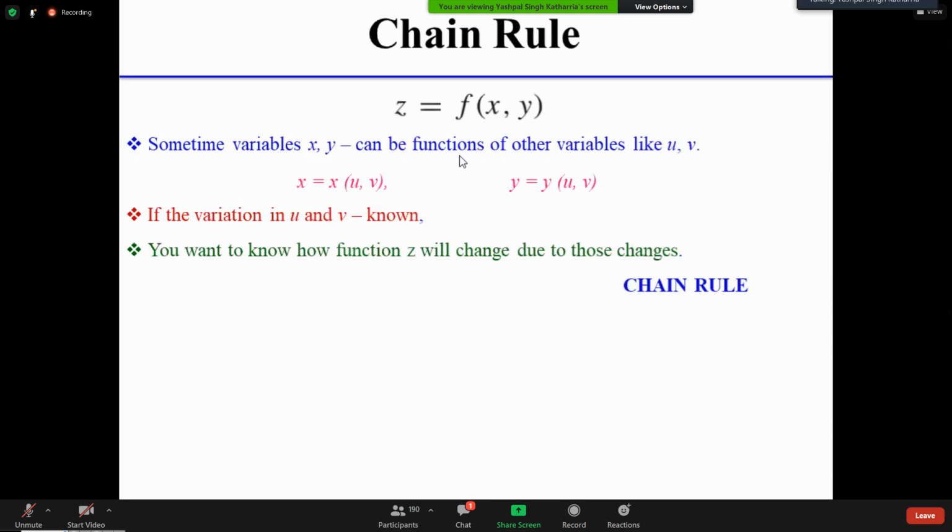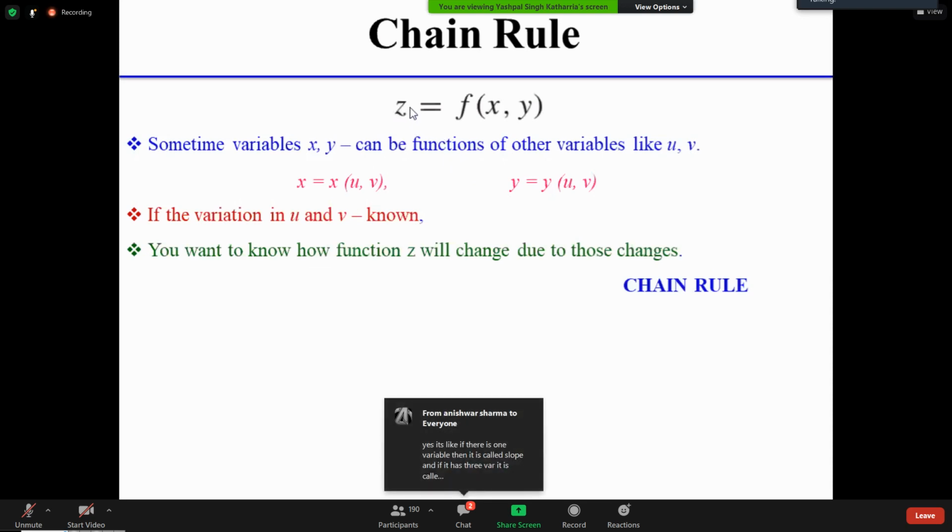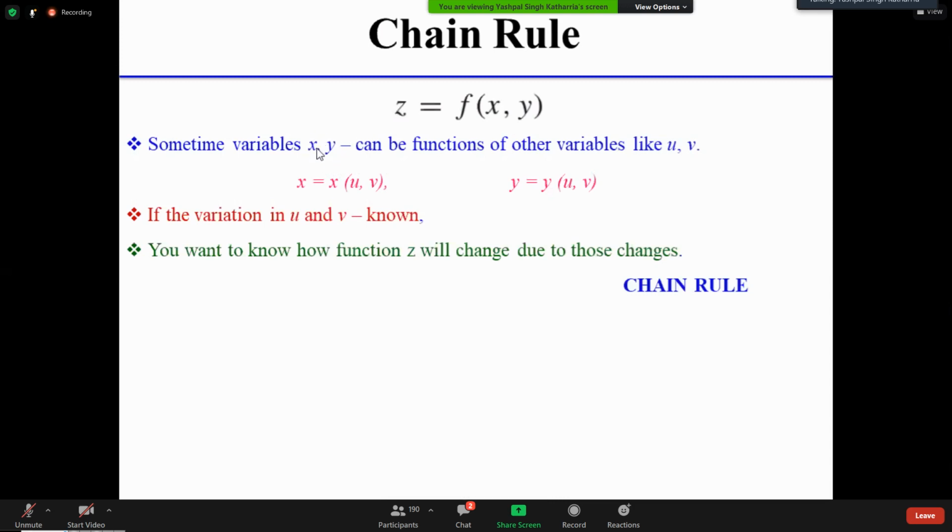Okay, so sometimes the variables x and y in the function f(x, y) can also depend on other variables. x and y can depend on other variables like u and v. So we can say that x is a function of u and v, and similarly y could also be a function of u and v.